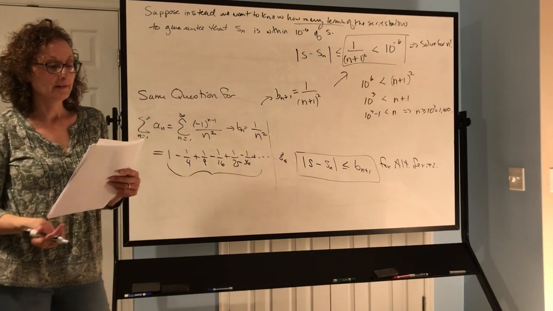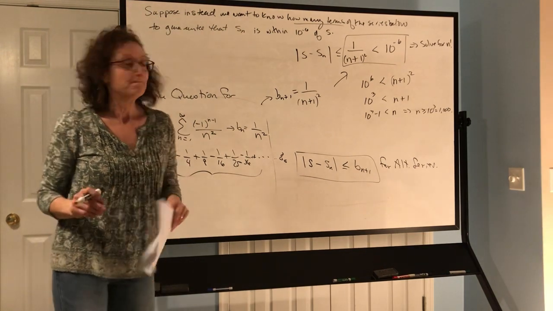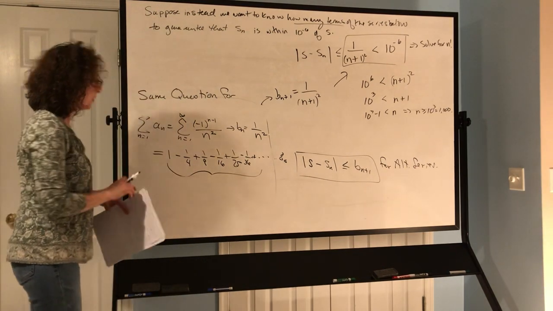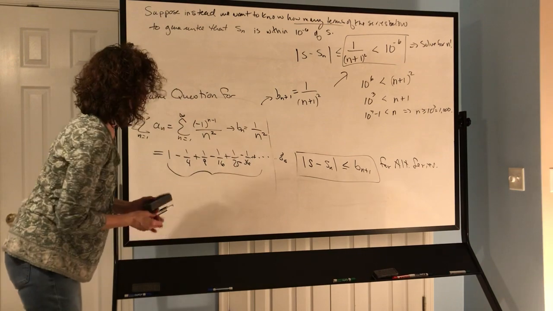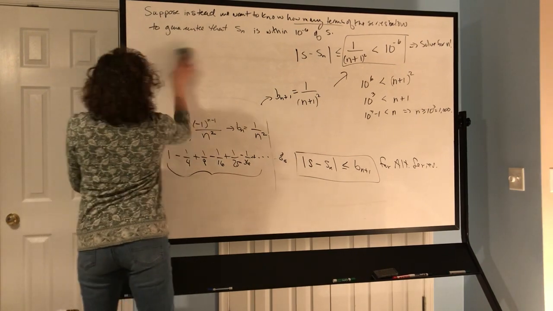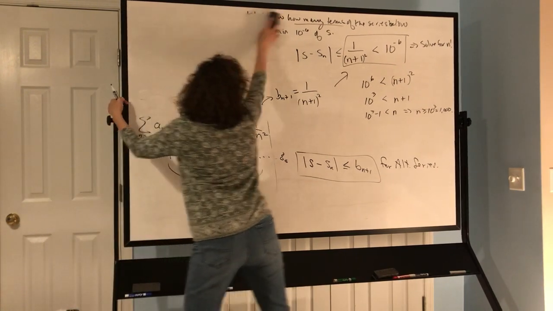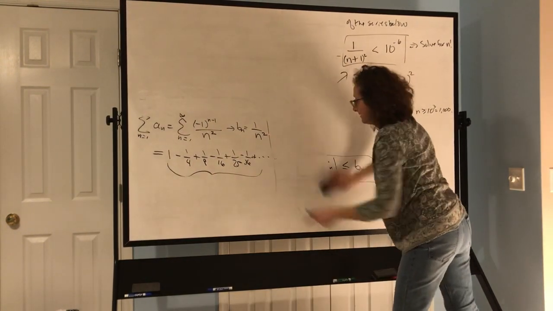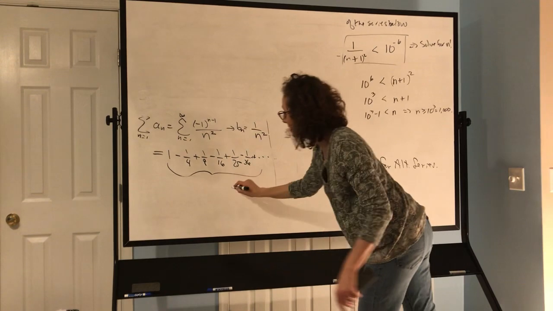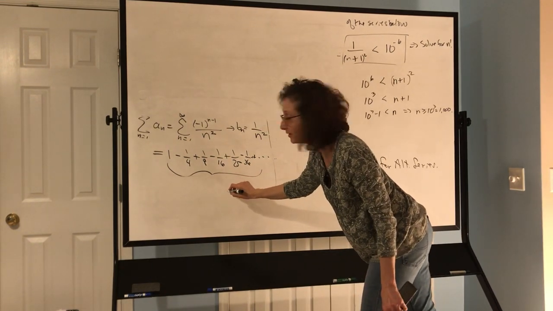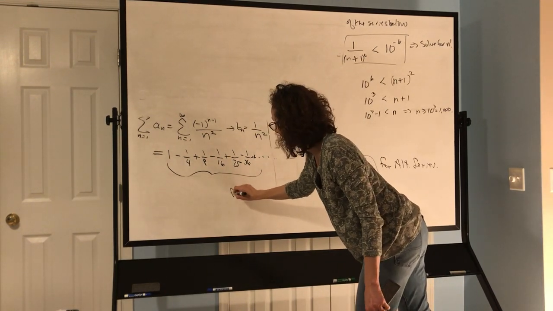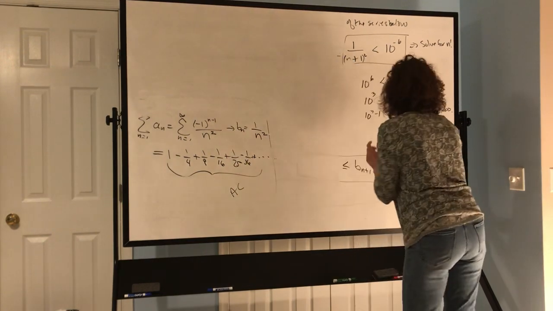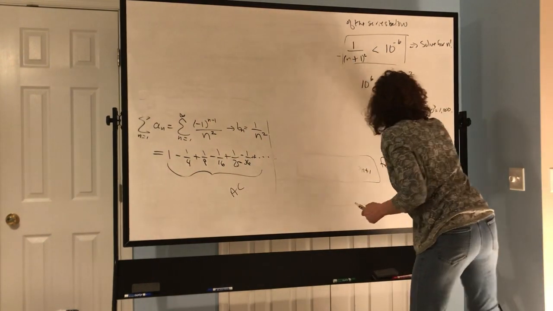Back to the alternating harmonic series for a sec. Okay, so now let me just erase this. So this series, remember this one is which? Absolutely convergent, conditionally convergent? Good. Absolutely convergent, because in absolute value we had a p series of 2.